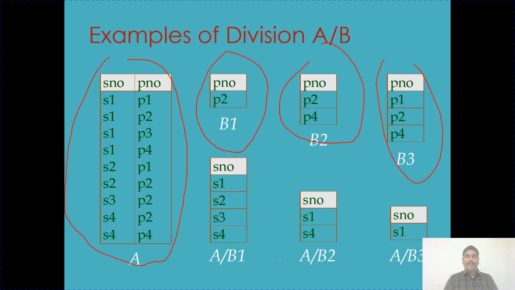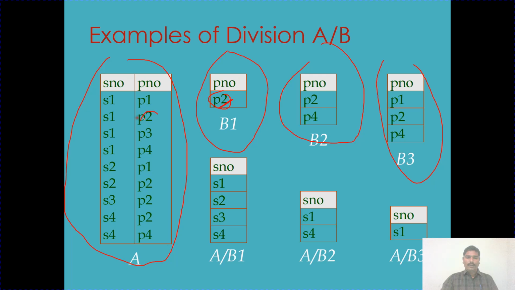So here, A by B1. In the B1 table, the P number field has the P2 value. A divided by B1: what are the P2 values?